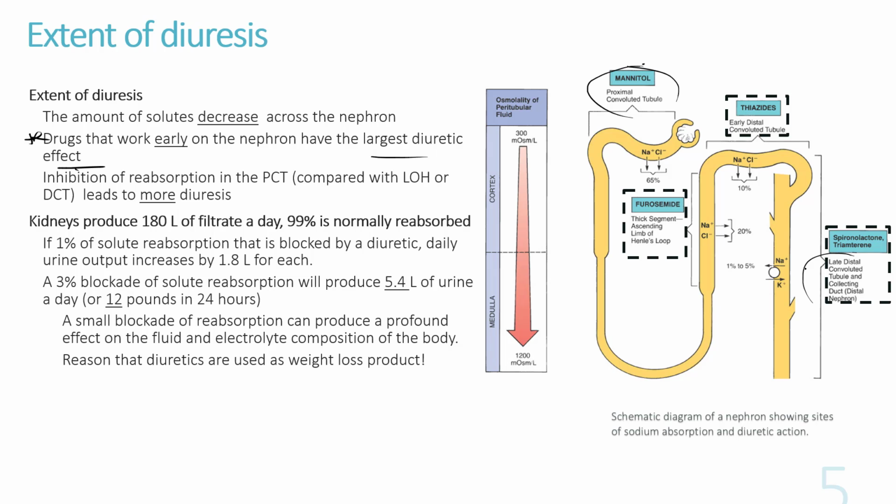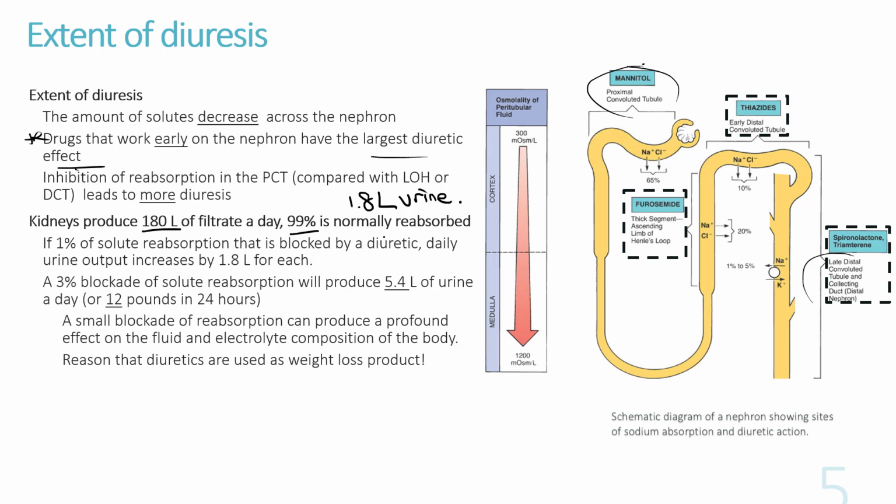In terms of numbers, over the course of a day, a normal kidney will produce 180 liters of filtrate, and as I said, 99% is normally reabsorbed. So typically, a person will produce 1.5 to 2 liters of urine.